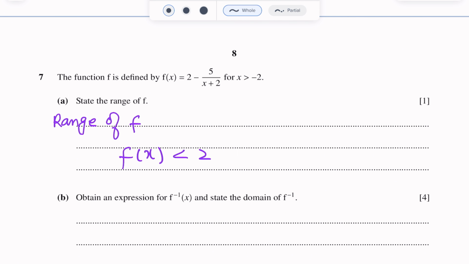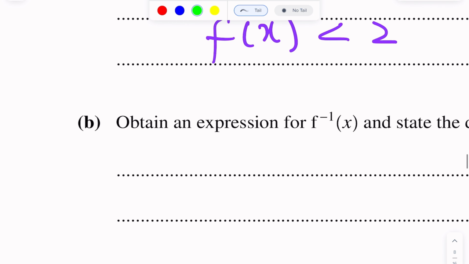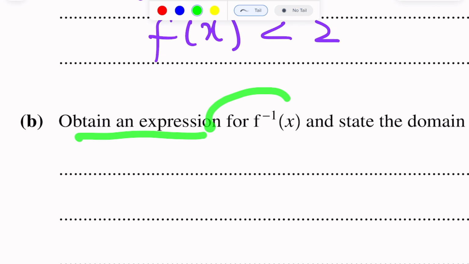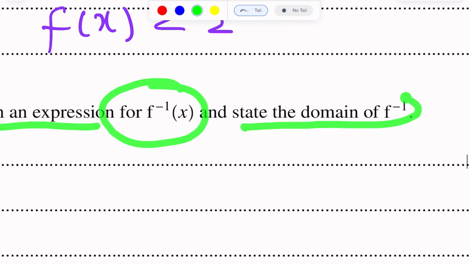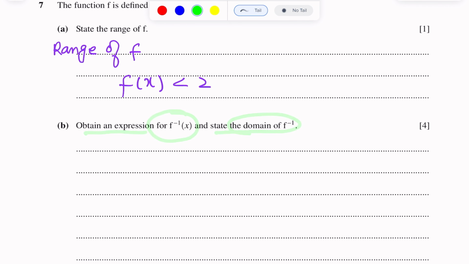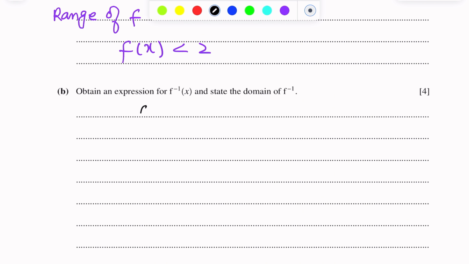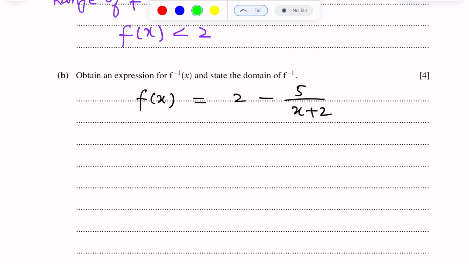Next, part B of this question is: obtain an expression for f inverse of x and state the domain of f inverse. First we will find f inverse of x. We have f(x) = 2 - 5/(x + 2). Put y = f(x), so this becomes y = 2 - 5/(x + 2).